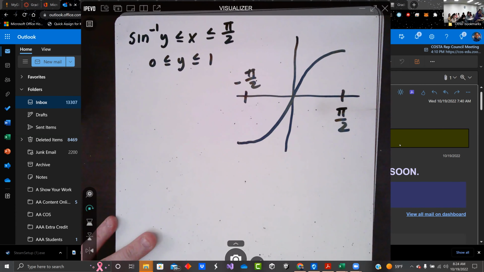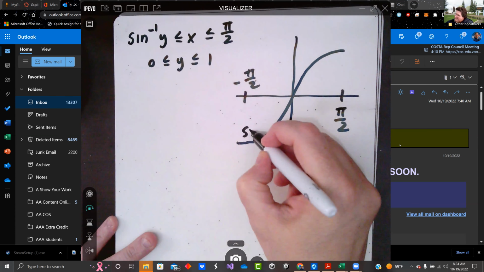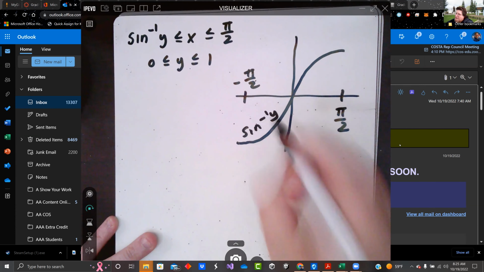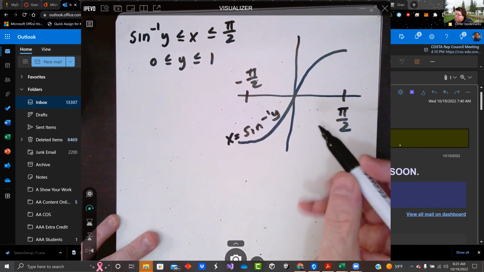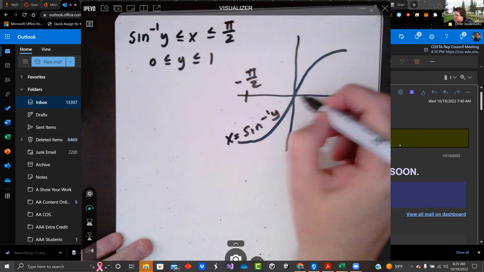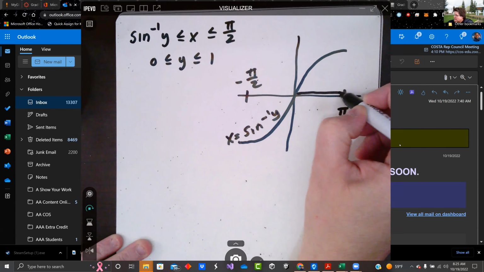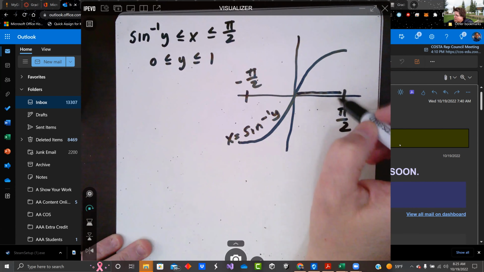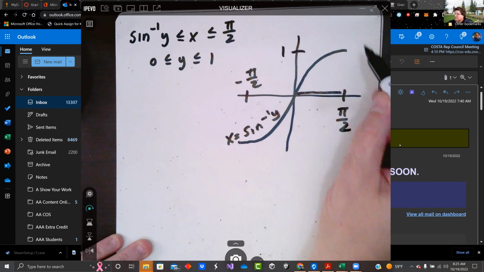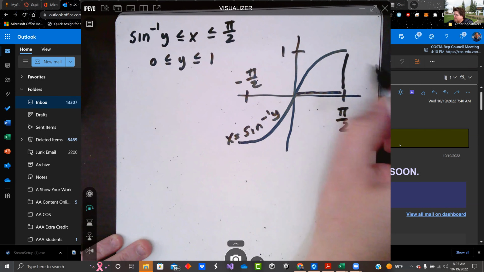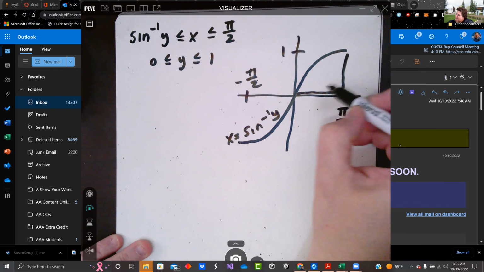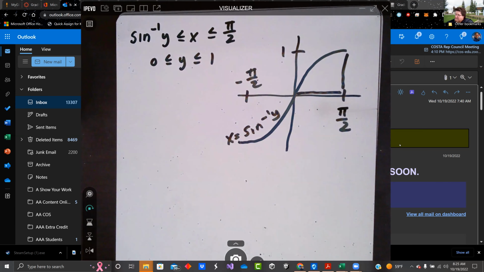So this is sine inverse. It's restricted to negative pi over 2 to pi over 2. And then we have boundaries on y. Y is 0 to 1, and y equals 1. And we have a restriction on x. Upper limit is pi over 2. So we're looking at this region. We can either go up first or we can go right first.